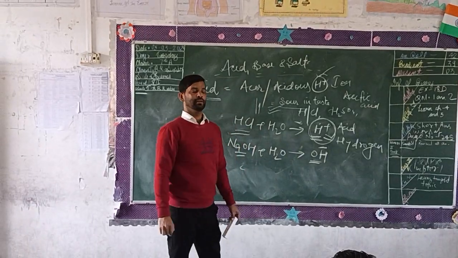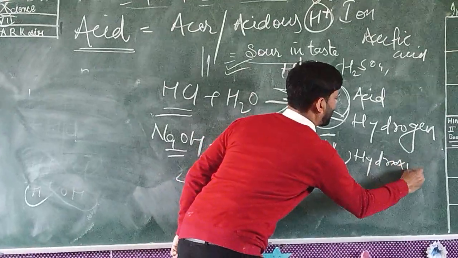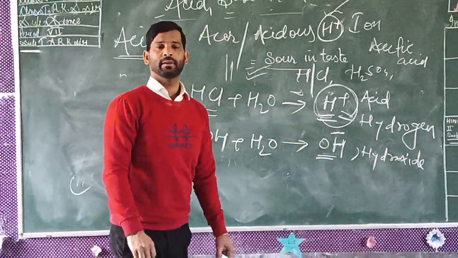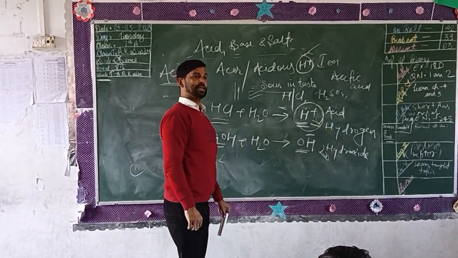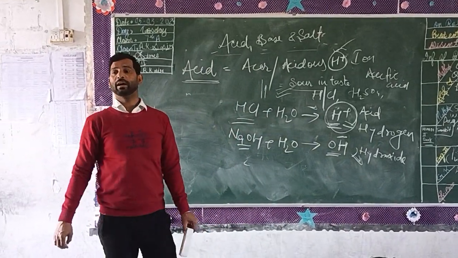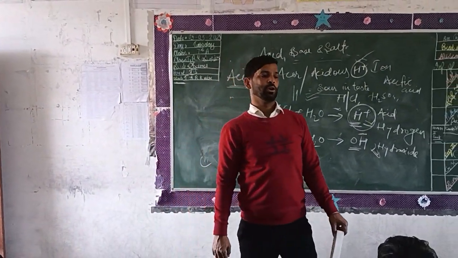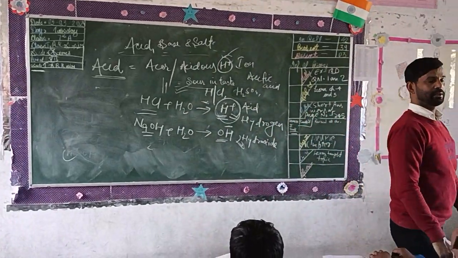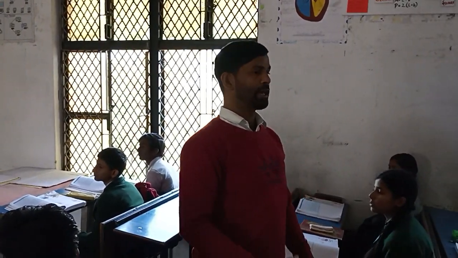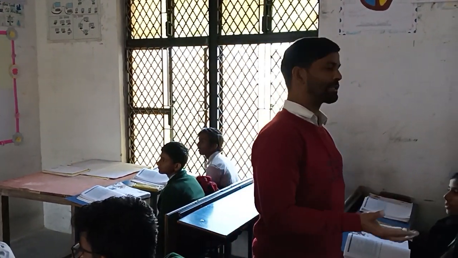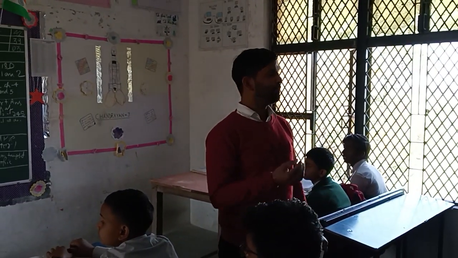What is it? Hydrogen. If hydroxide is produced, then it is a base. When we dissolve a base in water, if it produces OH-, which is hydroxide, an anion, then it is a base.